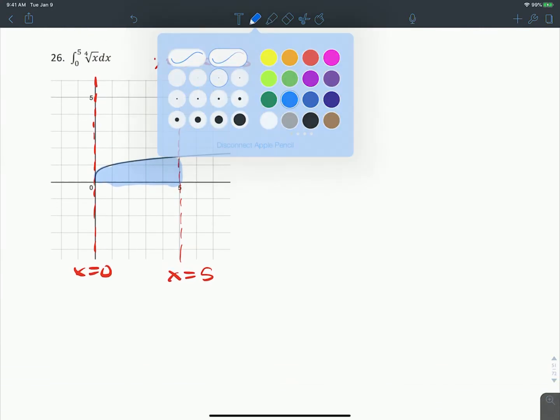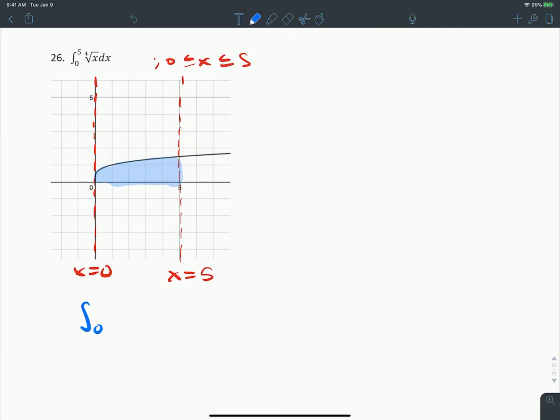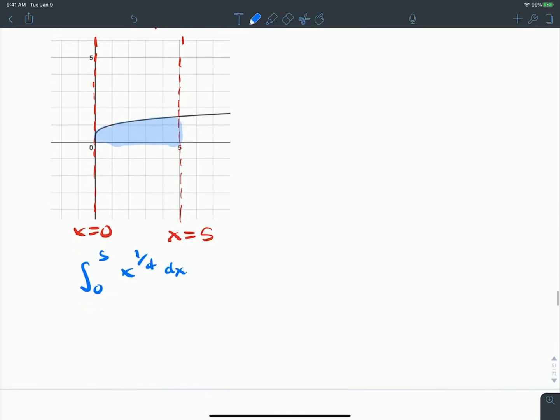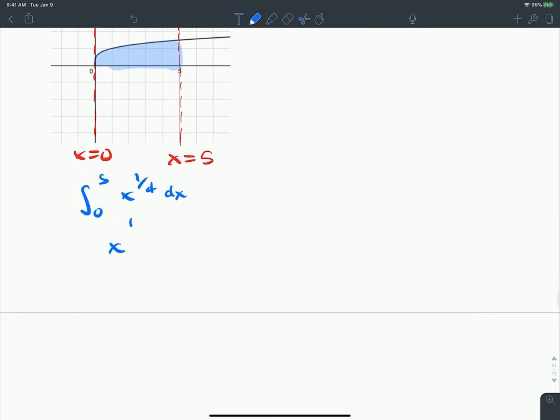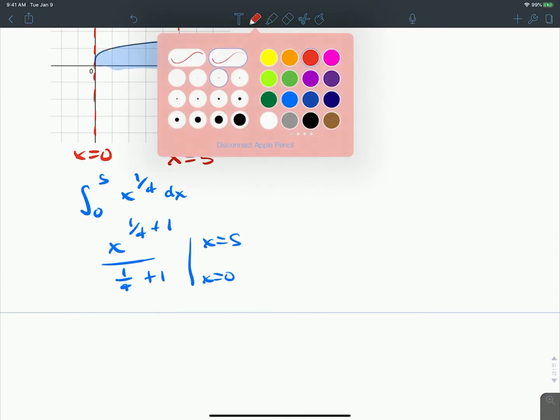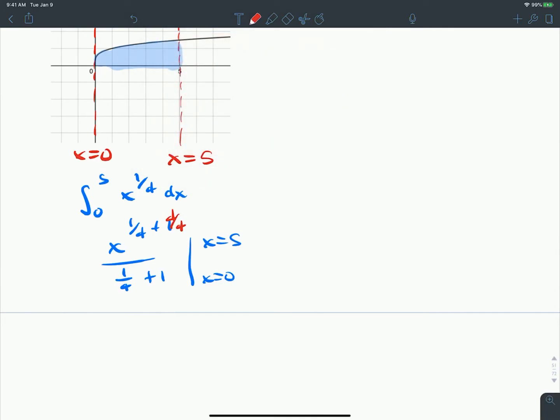So let's integrate 0 to 5, x to the 1/4 dx. So I take x to the 1/4 and I add 1. 1/4 plus 1, x is 0, x is 5. Now notice that 1/4 plus 1 is 5/4.